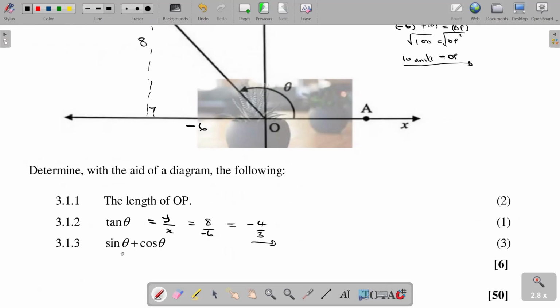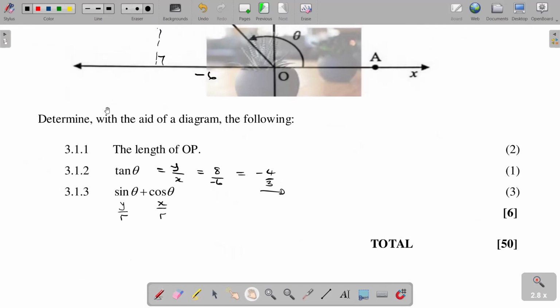Then the last one, sine theta plus cos theta. You have to know that sine is given by y over r, and cos theta is given by x over r. That is in the Cartesian plane, if the angle we are talking about is at the origin, measured in an anti-clockwise direction from the positive x-axis.